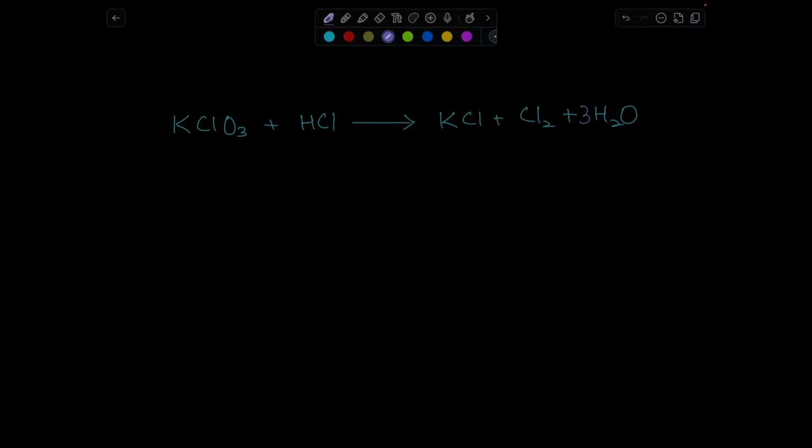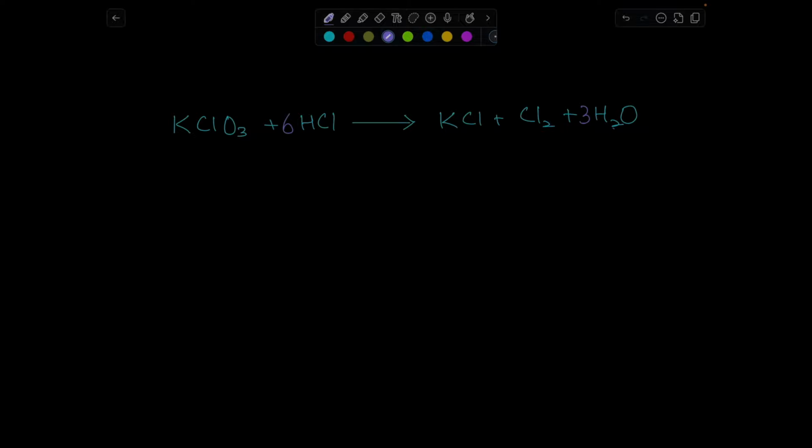Now there are 6 hydrogens on the right hand side because 3 times 2 is 6, and so let's put a 6 for the HCl on the left hand side. Now we see that potassium is actually balanced.